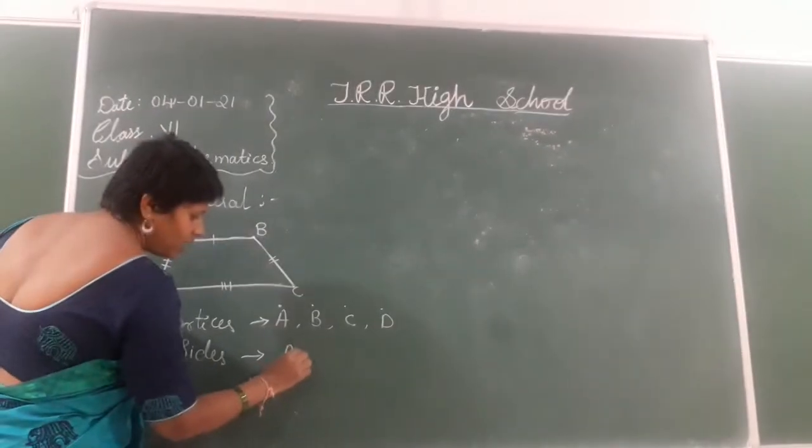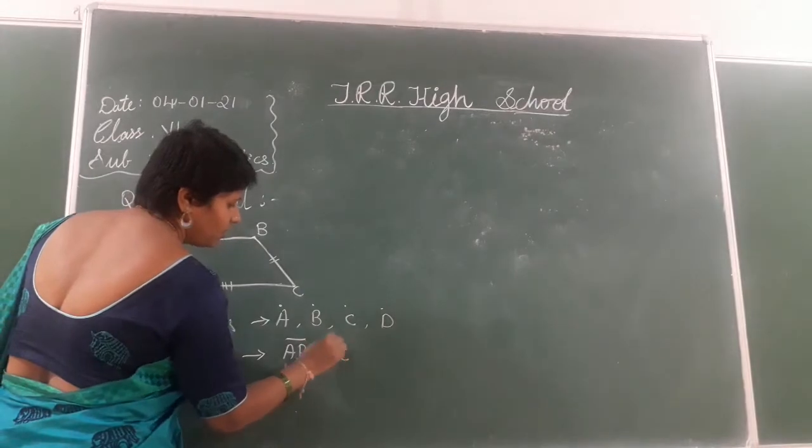Now coming to your sides. What are the sides? How many sides are there? 1, 2, 3, 4, right? Now what is the first side? AB. Whenever you are considering a side, from here to here it becomes one side, so you have to consider from A to B. So how will you write? AB line segment. Why? Because from here to here it is called a line segment.